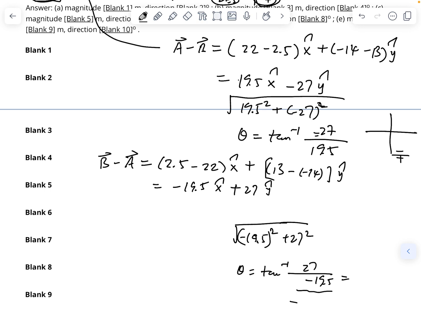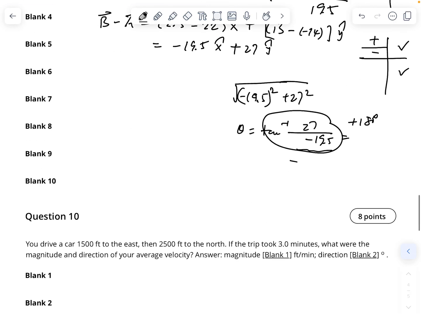Then check the quadrant: y is positive, x is negative, so whatever you get, plus 180, pushes it to the second quadrant. The inverse tangent function gives you either the first or fourth quadrant, so you have to add 180 to get to the right quadrant. Okay, so that is this question.